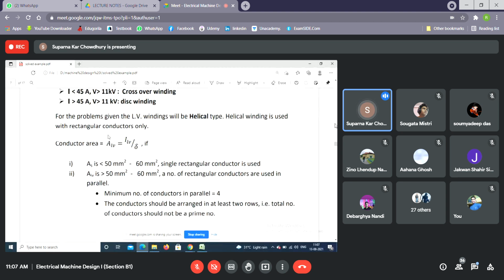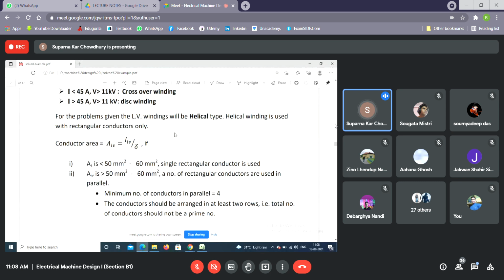Now first we find the area of the conductor required. This is the current and this is the current density. Current density we assume a value, and then we calculate the area. Even now most of the transformers have copper winding, that is most common.